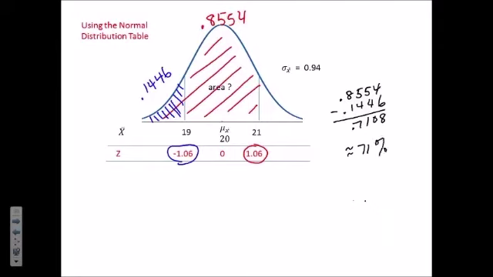The answer is a little different from what we got on the calculator because we're using z-scores rounded off to 2 decimal places. The calculator is going to carry more decimal places. Our table only has 4 decimal places for areas, and the calculator may carry more places than that. So therefore, the calculator answer is a little better than our answer would be.